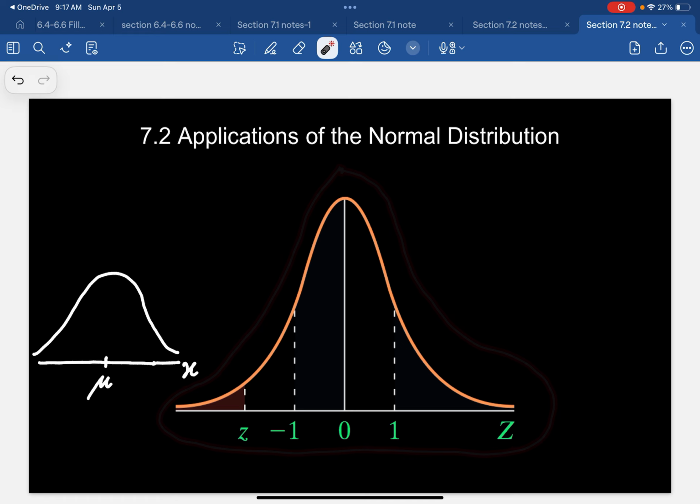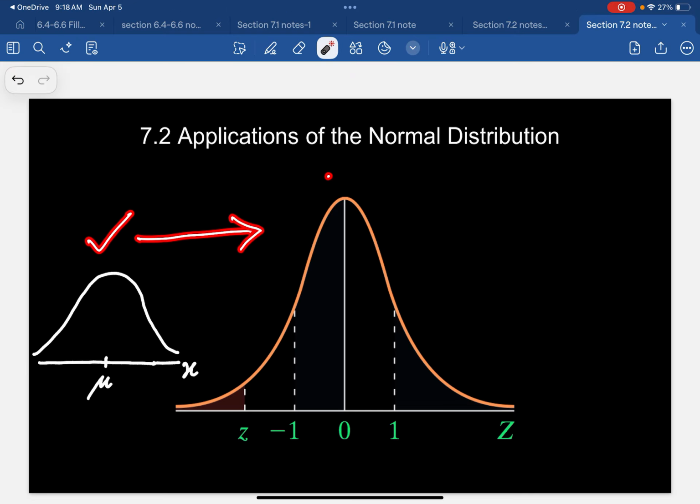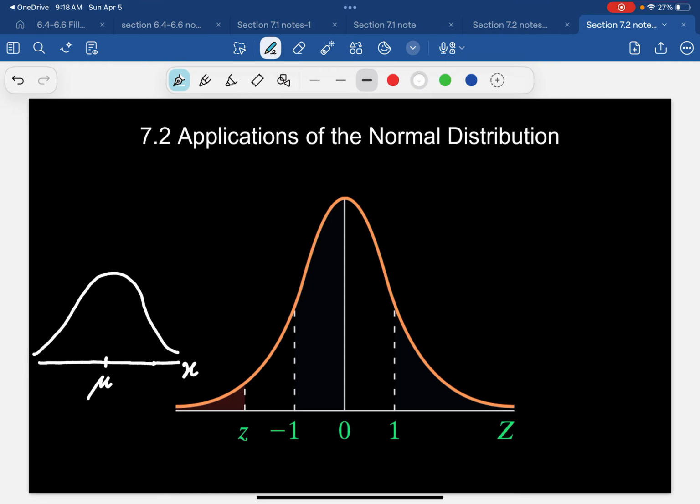So that's why we convert any normal distribution like this to the standard normal distribution like that. Okay, now the conversion is really simple. We have to use a simple formula, and that actually converts any normal distribution to standard normal distribution. So let's talk about that formula.